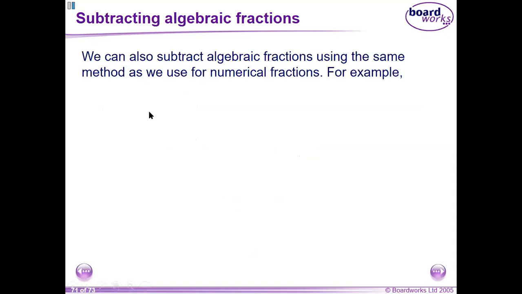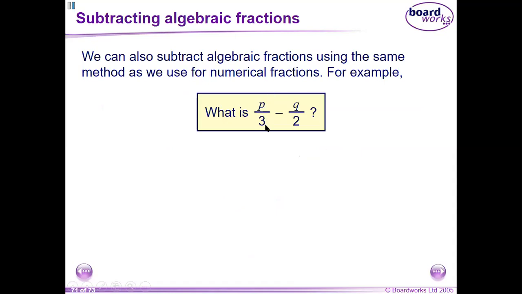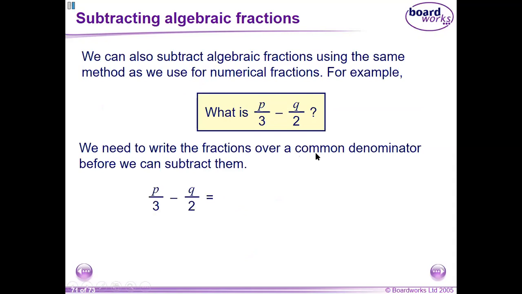Now, the subtraction of fractions is the same rule. You have to make sure the denominators are the same. So we're still going to do the kiss, kiss, cross, cross. Okay? So if we had p over 3 subtract q over 2. So the 3 times the 2 is a 6. The p times 2 is 2p. The 3 times the q is 3q.